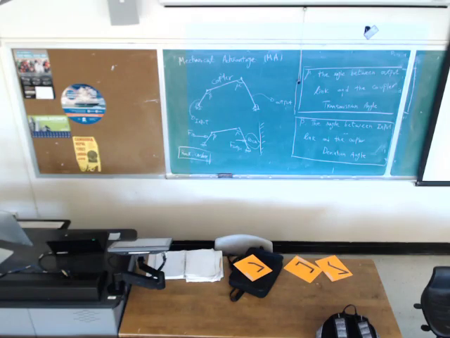Through these two handles, we apply the force. So AB is going to be the input link, and we expect to get output force or output motion at DC. So this is going to be output, input.